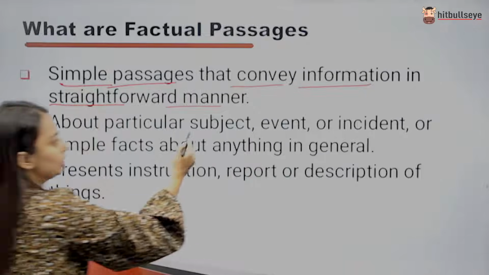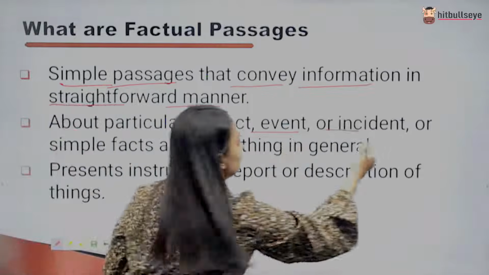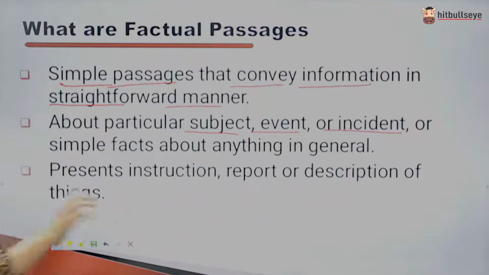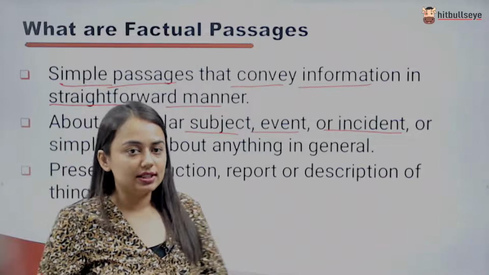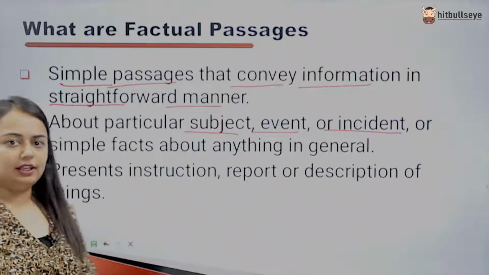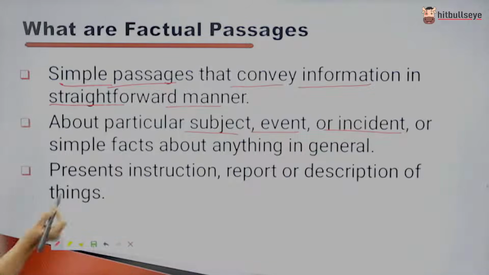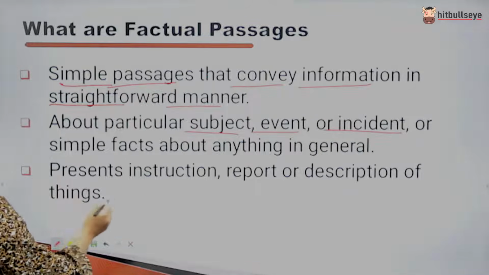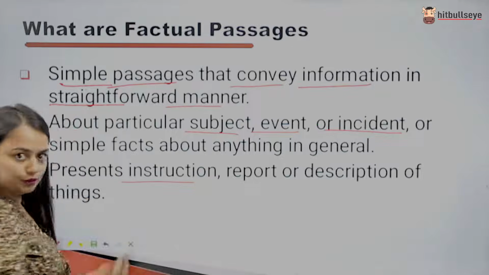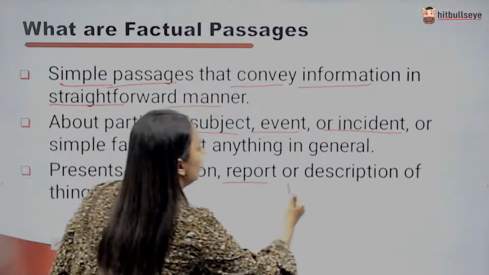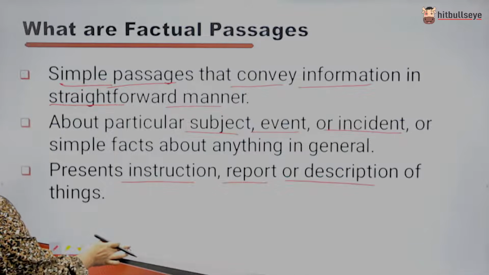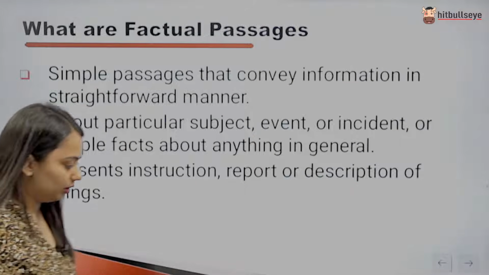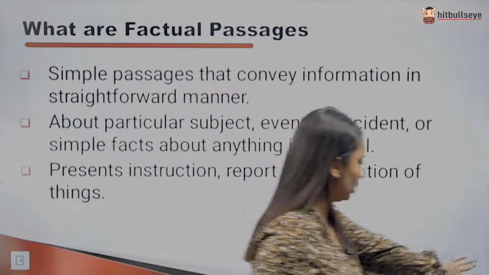It's about a particular subject, event, incident. So you see, it can be about any topic. It can be from philosophy, science, a scientific finding, anthropology, or anything for that matter. It's often in the form of instruction, report, or description of anything. I hope it is clear what a factual passage is.